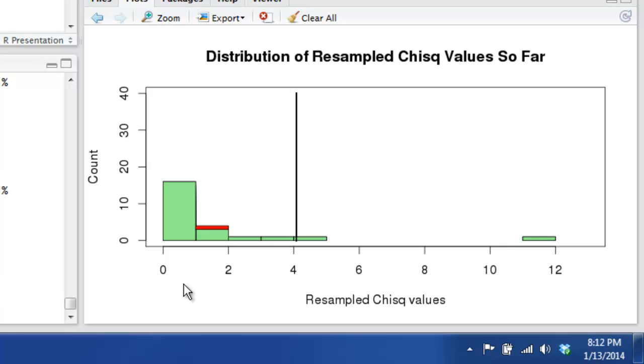Look at that. We're beginning to exceed 4.07. Doesn't seem like it's happening very often, but it does seem to happen from time to time.